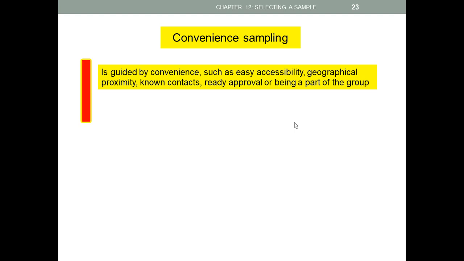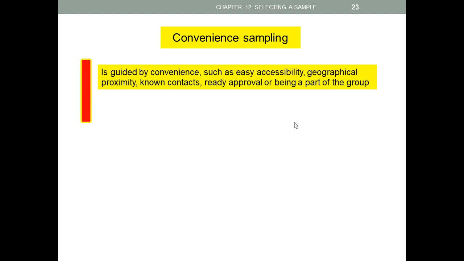So that's easy access. Or I could survey the classes that I teach. Students like me, they are likely to cooperate when I need the data from them. That's accessibility.